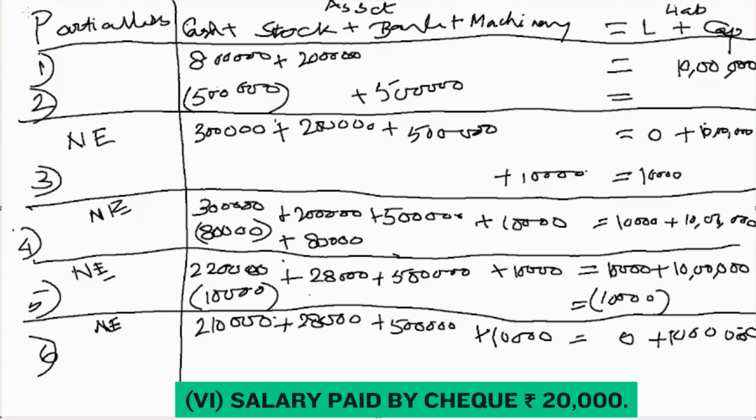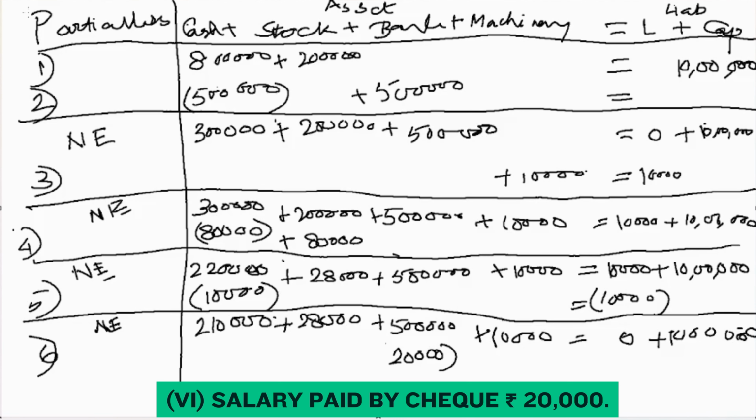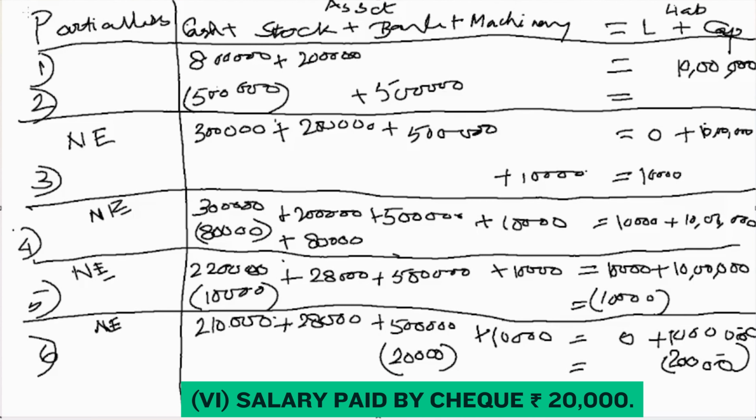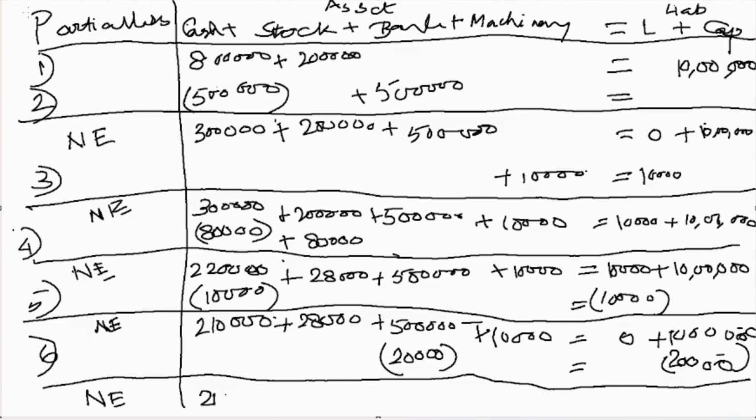So what we will be doing is through bank we will be paying it. 20,000 we subtract over here, and since it is salary, 20,000 is going to be subtracted from capital. So finally, we will be seeing what is the equation that we are getting over here.